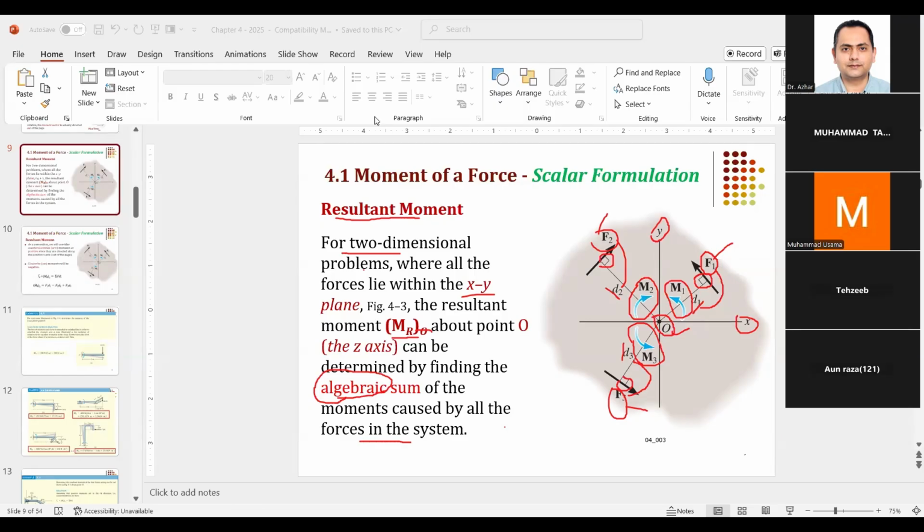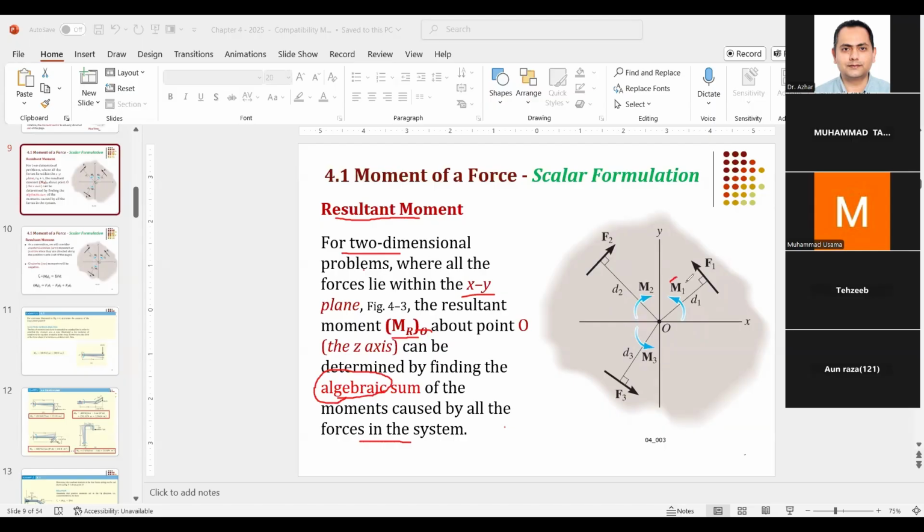I have a question here in the chat. It says, in this case, would M1 and M2 cancel each other? M1 and M2 are opposite to each other in sense, but it doesn't mean that they can cancel each other. They can compensate each other a little bit, but their magnitude may be different.